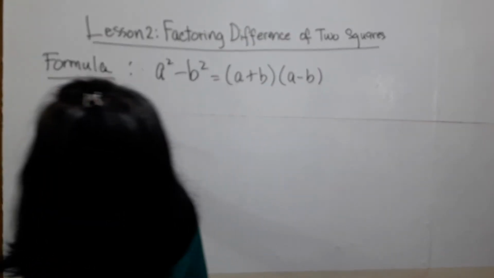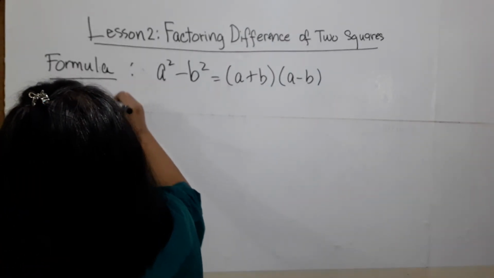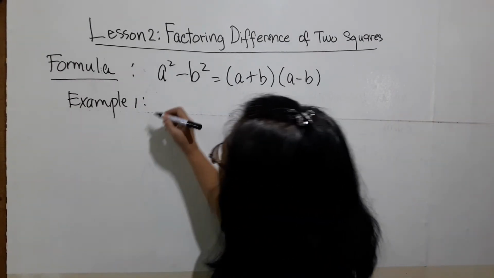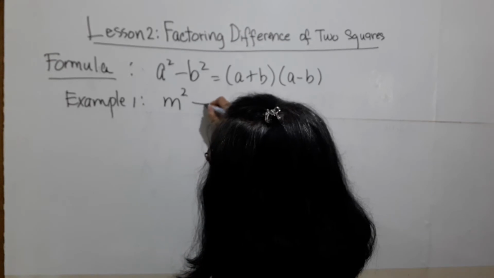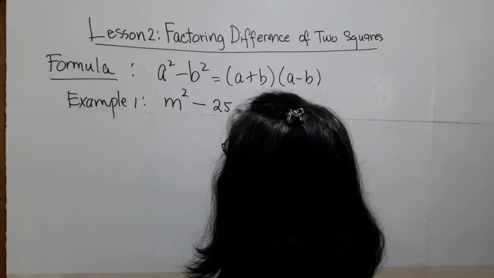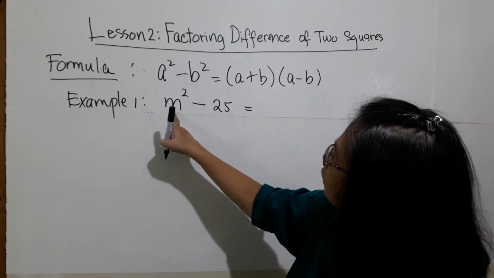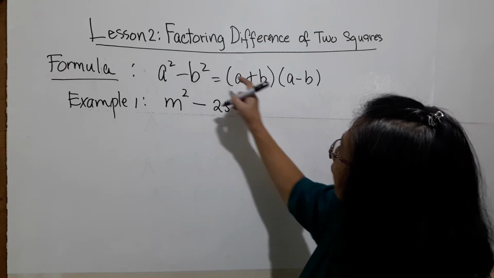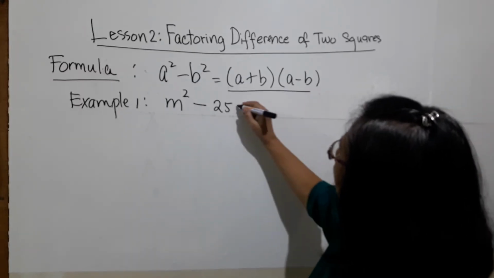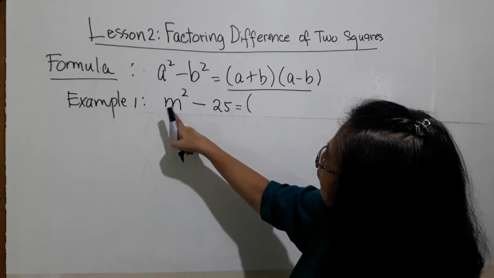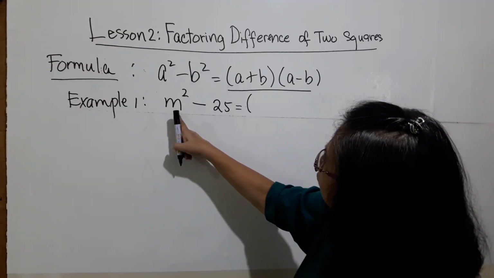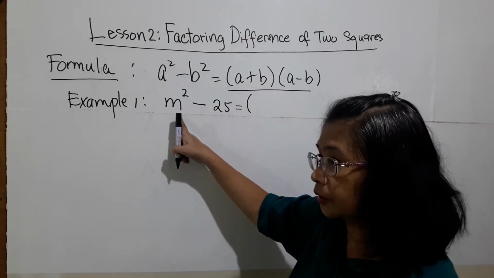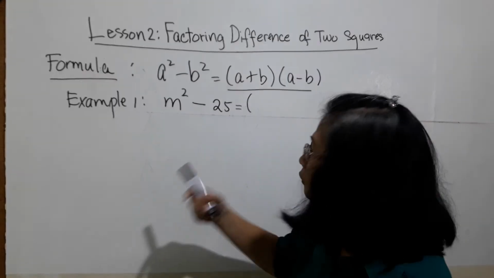Let us have example number 1. If I have m squared minus 25. Following the formula, m squared is for a squared, 25 is for b squared. To factor, we have to follow this formula. What is the first term? m squared. Give me that number which multiplied to itself will give you m squared, or should I say the square root of m squared?